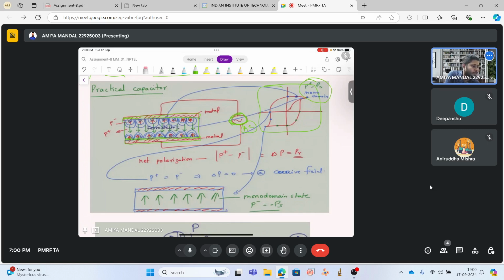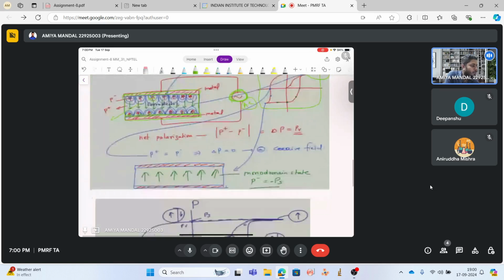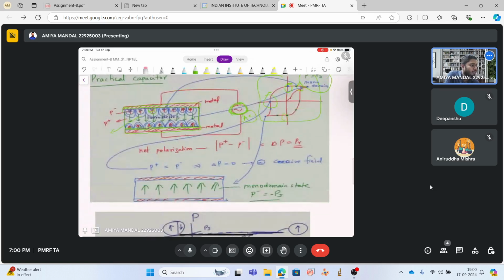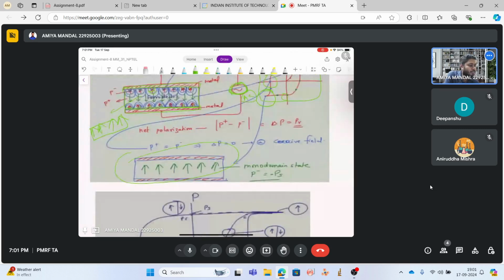When we increase the field, the domains grow, and the orientation of the polarization also changes at different positions. Suppose at these positions the orientations are in these directions, and at these positions they are in the opposite direction.